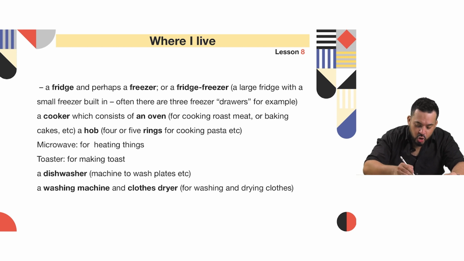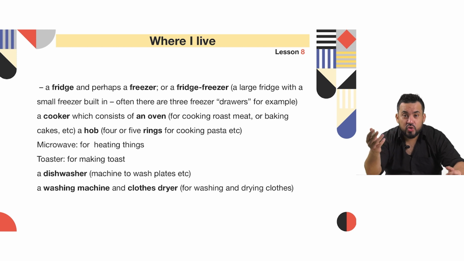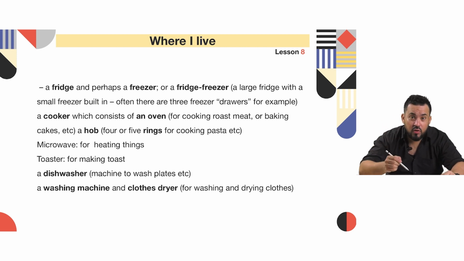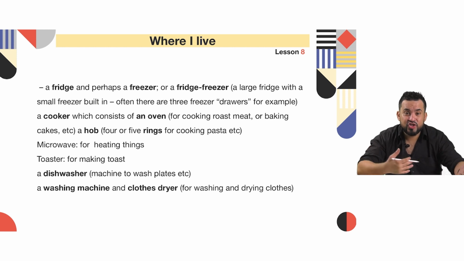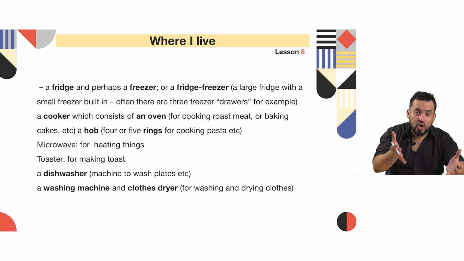We have a cooker. What is a cooker? A cooker is not the person who cooks. A lot of people get this wrong. They think a cooker is a chef. We just call him or her a cook. A cooker is what you use to cook on.